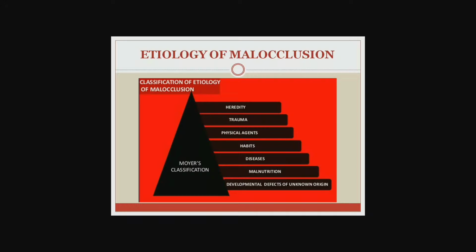So the etiology of malocclusion is multifactorial, basically heredity plus the environmental factors after birth in which the child is developing till puberty.